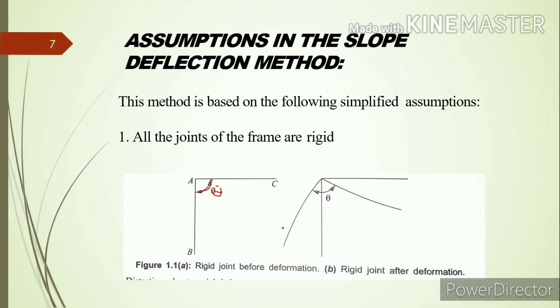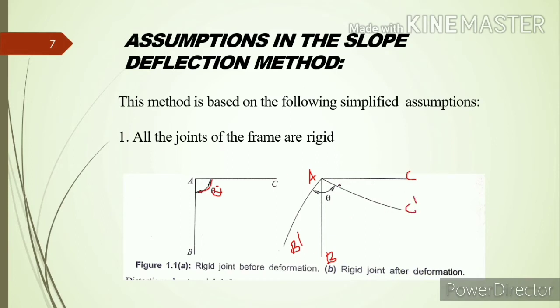Figure B shows the rigid joint after the deformation, that is after applying loads, the member gets deformed. This is B, this is A, and this is C. After applying loads, the member gets deformed to a new shape, that is the point B changes to B dash and the point C changes to C dash.